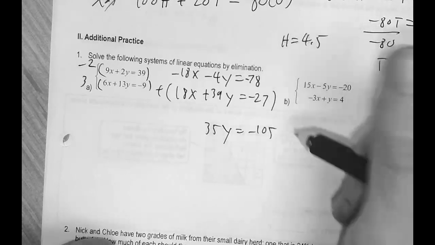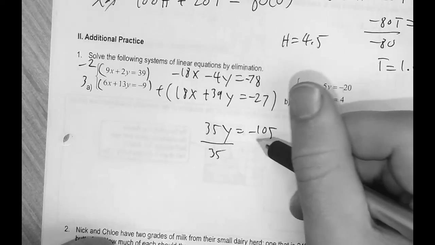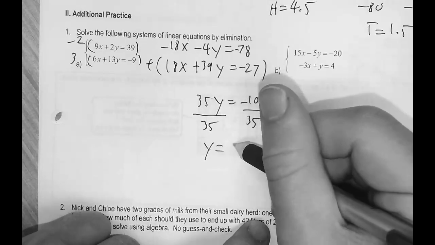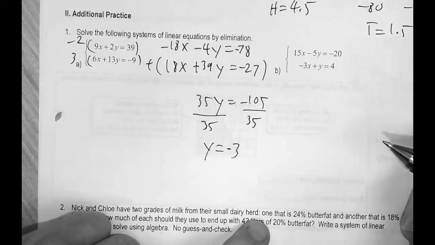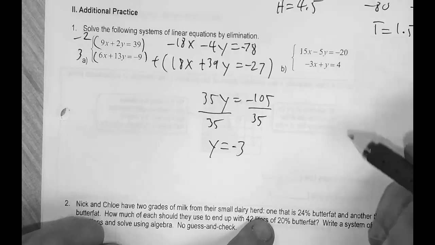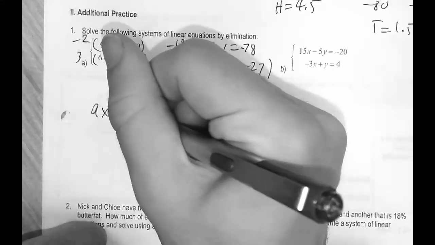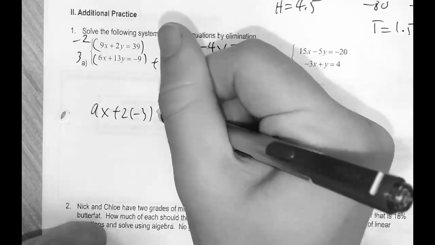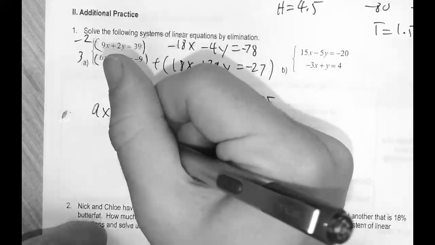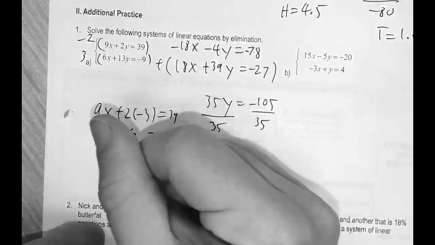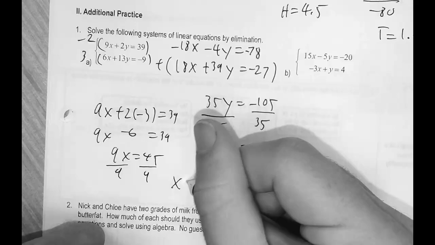Okay, so then when we divide both sides by 35, we're going to get y equals negative 3. Okay, now I know y equals negative 3. We're going to take it back, plug it into one of these. So let's do 9x plus 2 times negative 3 equals 39. It's negative 6 equals 39, 9x. So that's 9x equals 45, divided by 9, divided by 9. So x must equal 5.